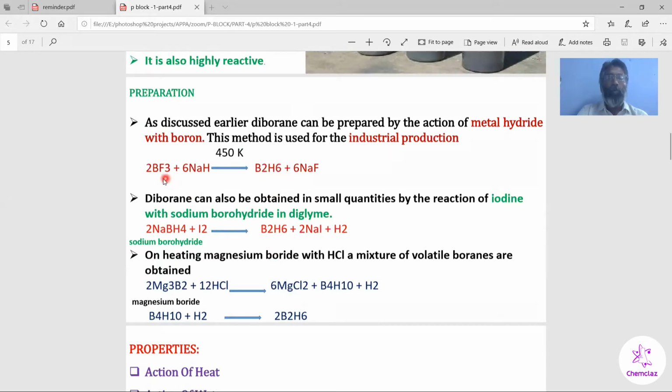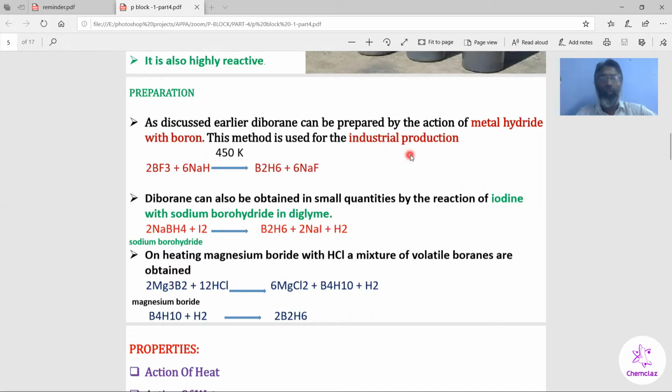First, boron trifluoride reacts with sodium hydride at a temperature of 450 K, giving diborane along with sodium fluoride. 2 moles of boron trifluoride and 6 moles of sodium hydride give 1 mole of diborane and 6 moles of sodium fluoride. This is the industrial preparation of diborane.